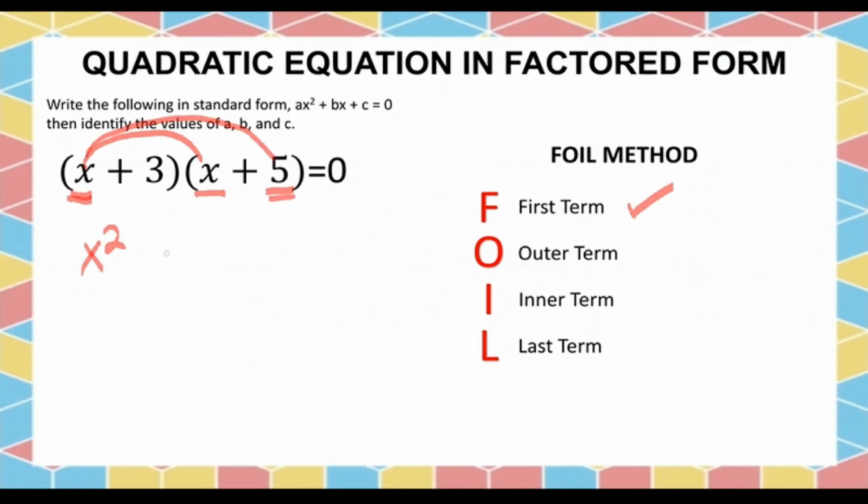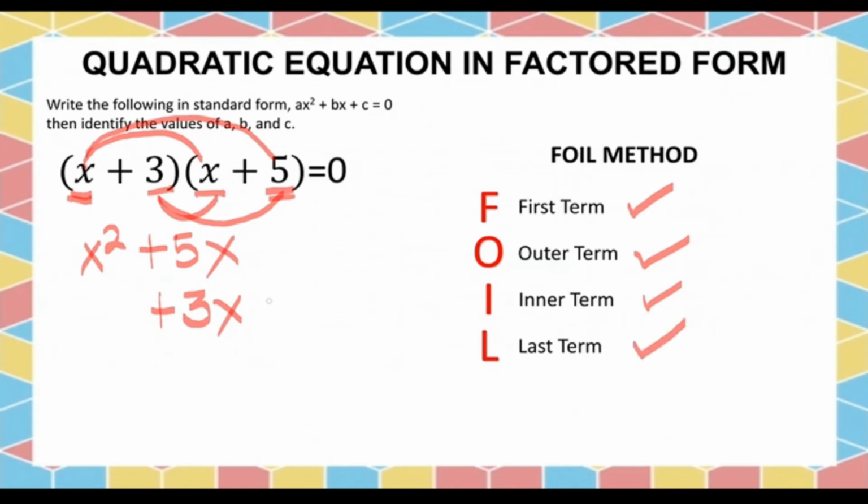The product is positive 5x. We have 3 times x, that is our inner term. The product is positive 3x. And lastly, our last term, we have 3 times 5. The product is positive 15.